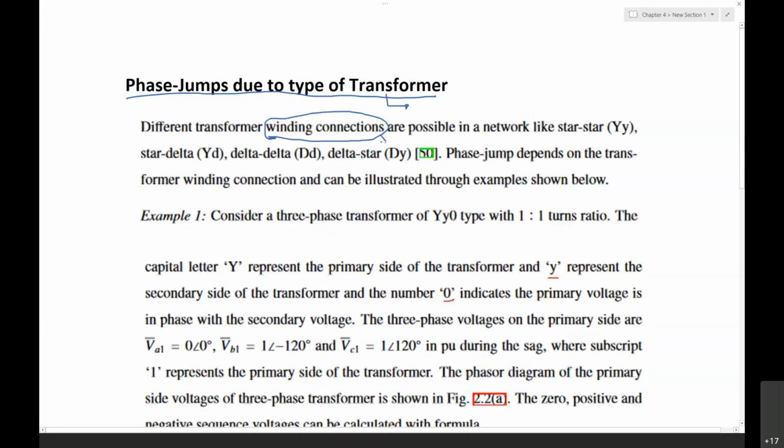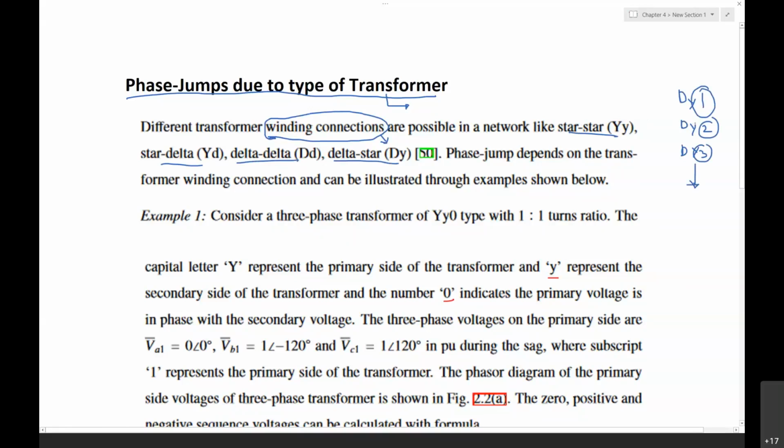You might have studied three-phase transformers in your EG courses: how the winding connections give star-star, star-delta, delta-delta, and delta-star. Apart from these, we have Dy1, Dy2, Dy3 and so on transformers also. This 1, 2, and 3 are with respect to the dot convention.